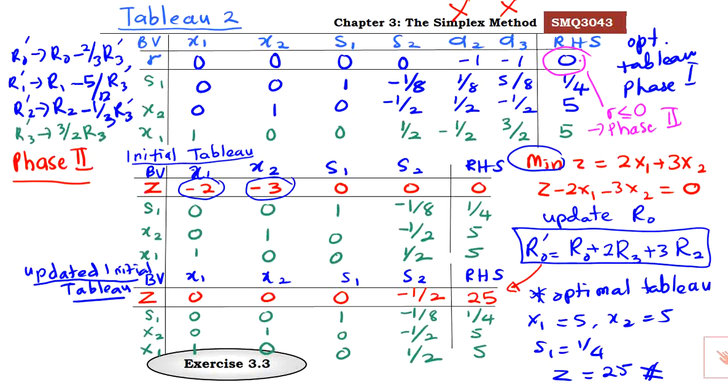But if r is greater than 0, then we stop at phase 1. There is no solution for this problem. Okay. So in phase 2, we remove these two columns, A2 and A3, and then we take the original objective function, which is z equals 2x1 plus 3x2, and solve using the Simplex Algorithm.